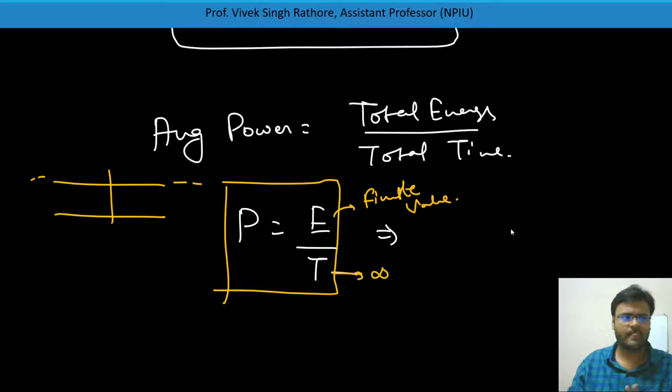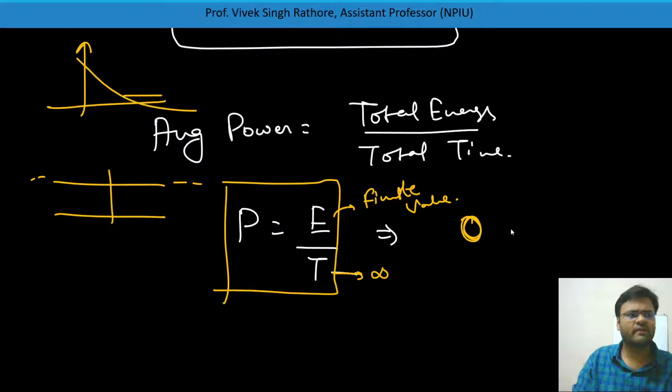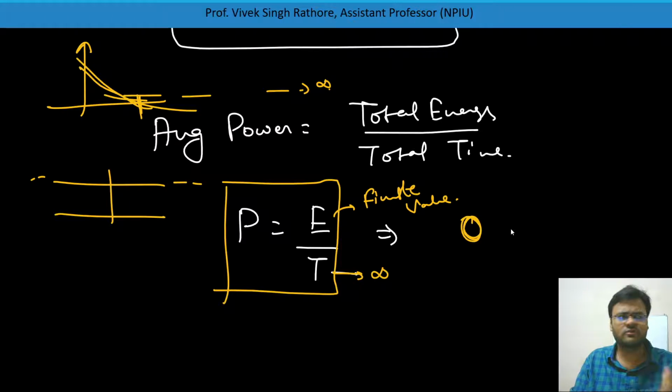If your time is infinite and energy is finite, your power will be equal to 0 only, because earlier we used to take some values, like the value we have taken till time infinity, but does this value exist till infinity? It was decaying. At some time it is coming 0. So even if you take till infinity, the value will come this much only.